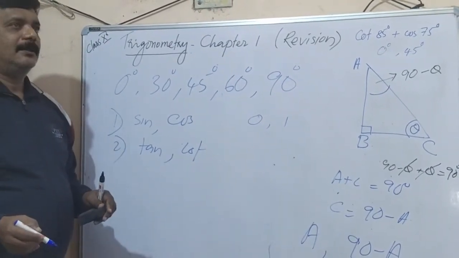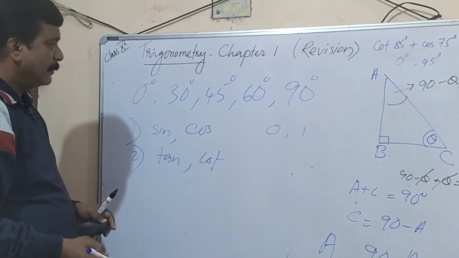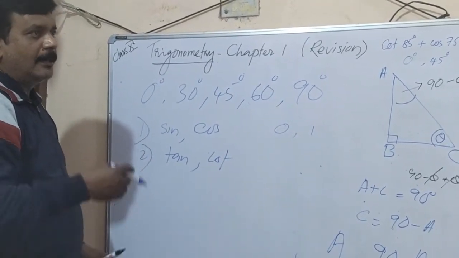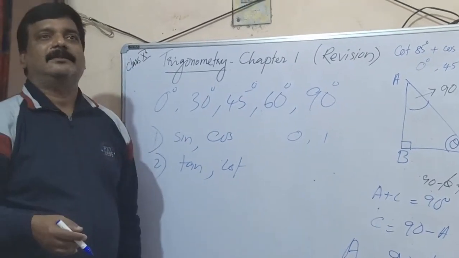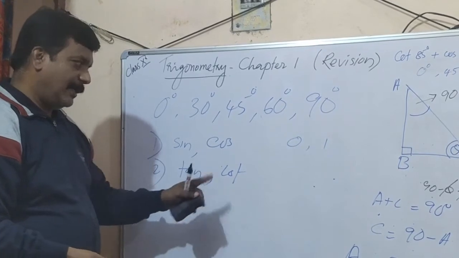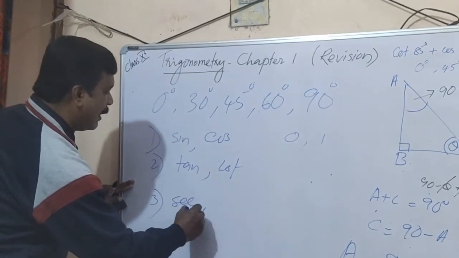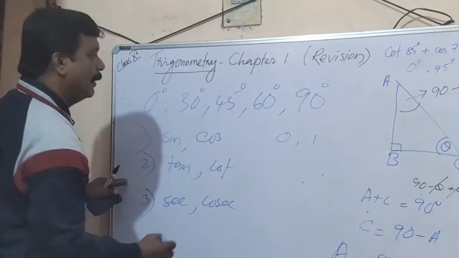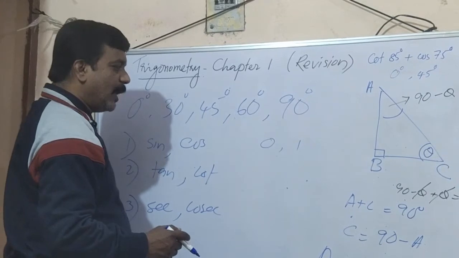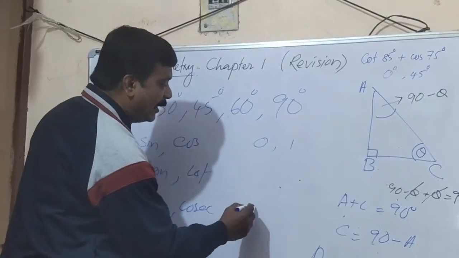What about tan and cot? Tan and cot can be 0 and can be not defined, infinite. Right? Now, what about sec and cosec? It is slightly different. Its value will exceed 1.